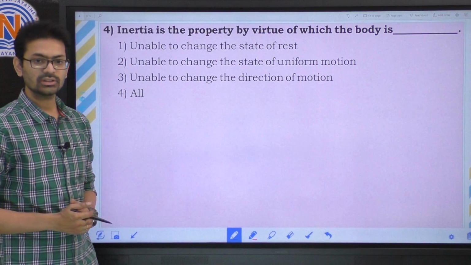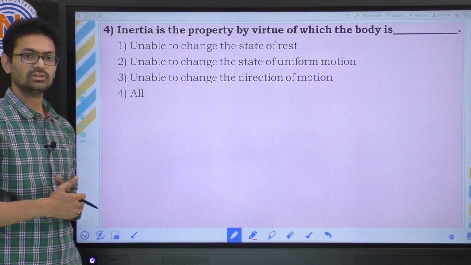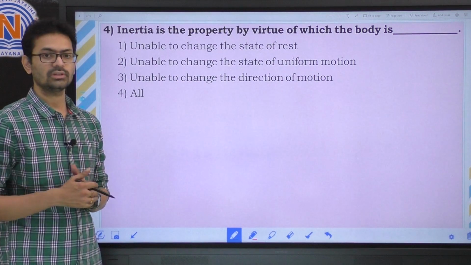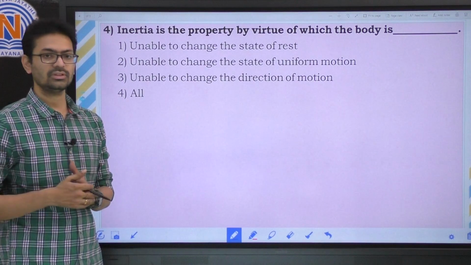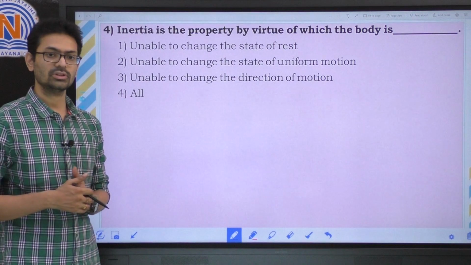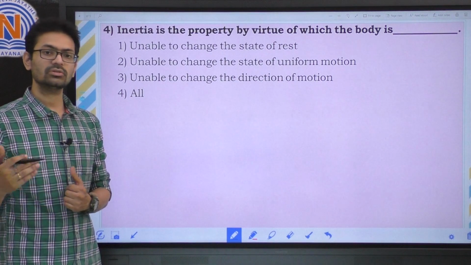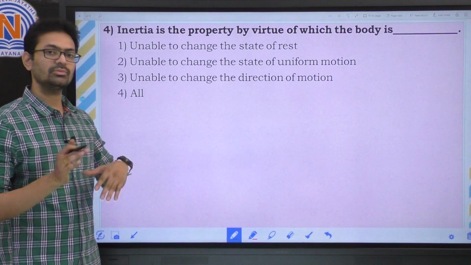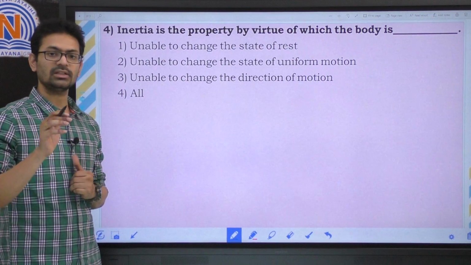Now for this type of question: inertia is the property by virtue of which the body is unable to change the state of rest, that is one type. Unable to change the state of uniform motion, that is also one type. Unable to change the direction of motion. All these three come under inertia, and that is the virtue.